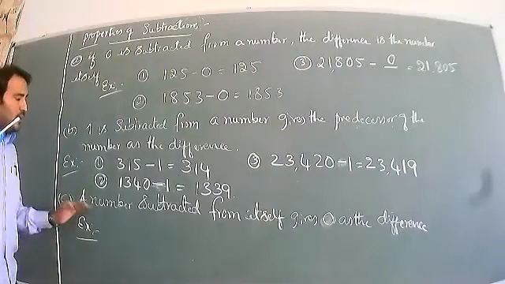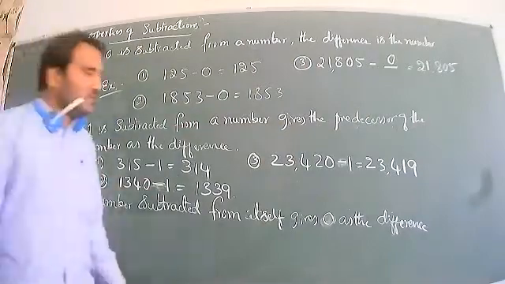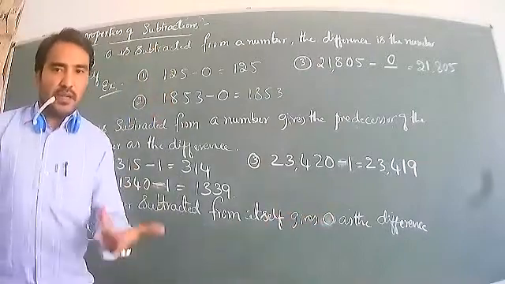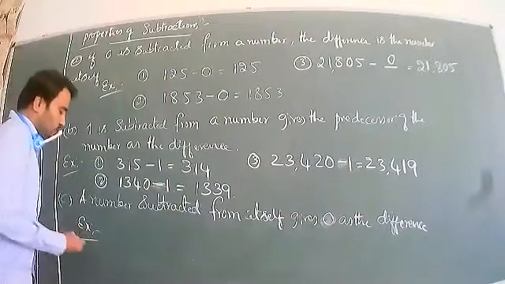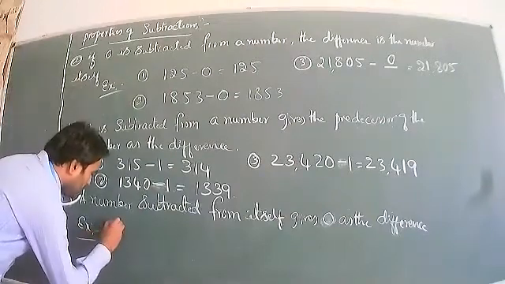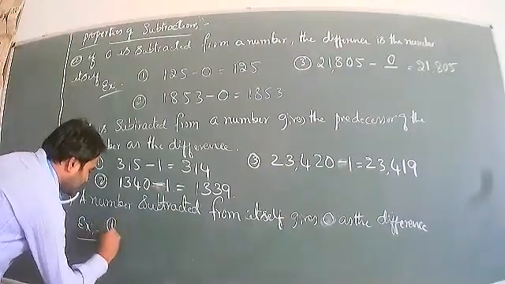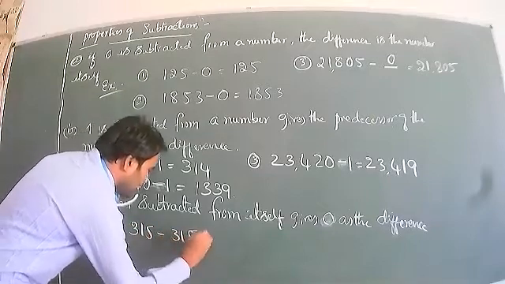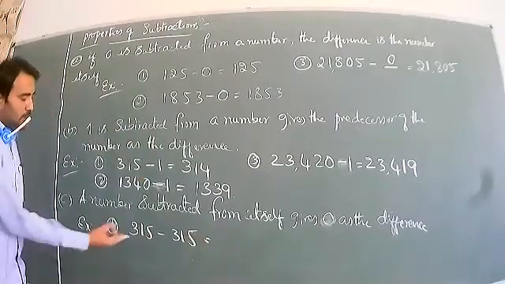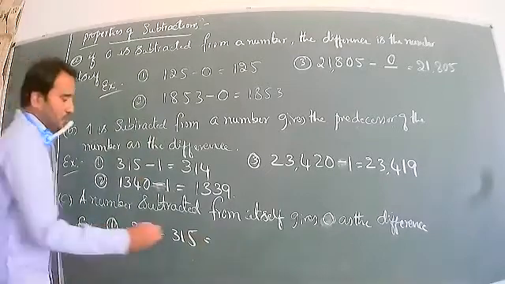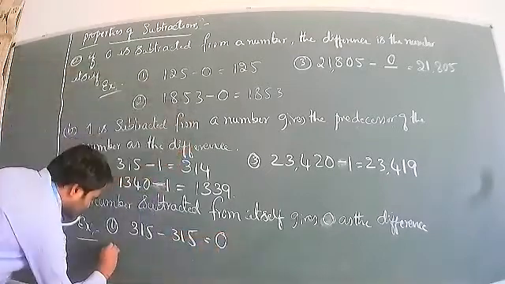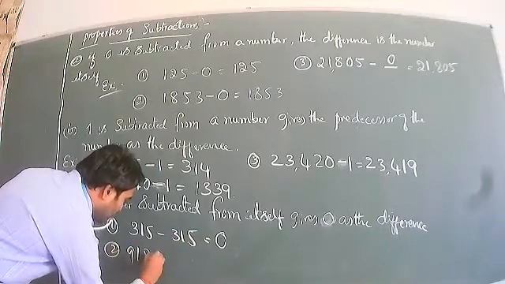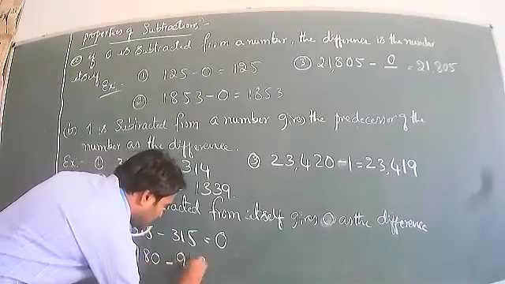Next, when a number is subtracted from itself, it gives 0 as the difference. When we subtract the same number, we get the answer 0. Examples: first, 315 minus 315. Same number subtracted from itself, we get 0. Second, 9,080 minus 9,080.